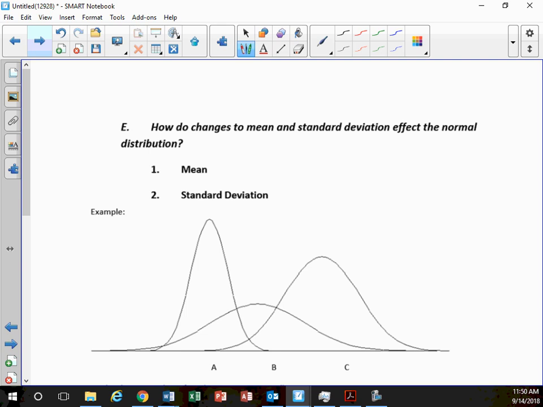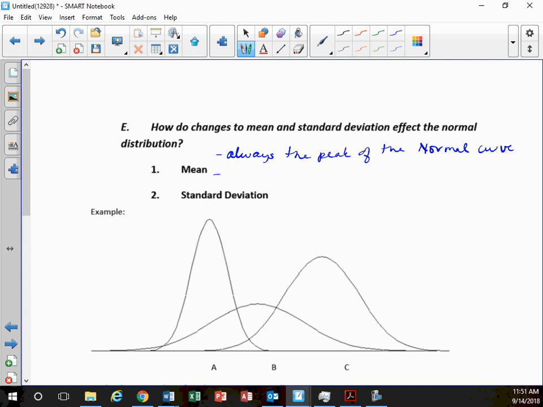All right, so let's think about our mean and standard deviation. If we're looking at the mean, we know the mean is always the peak, right? And if we change the mean, what do you think is going to happen to the whole distribution?